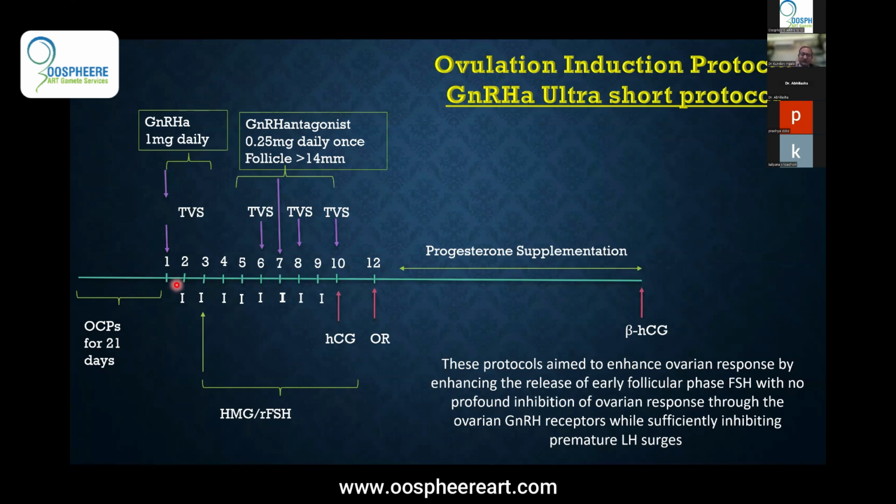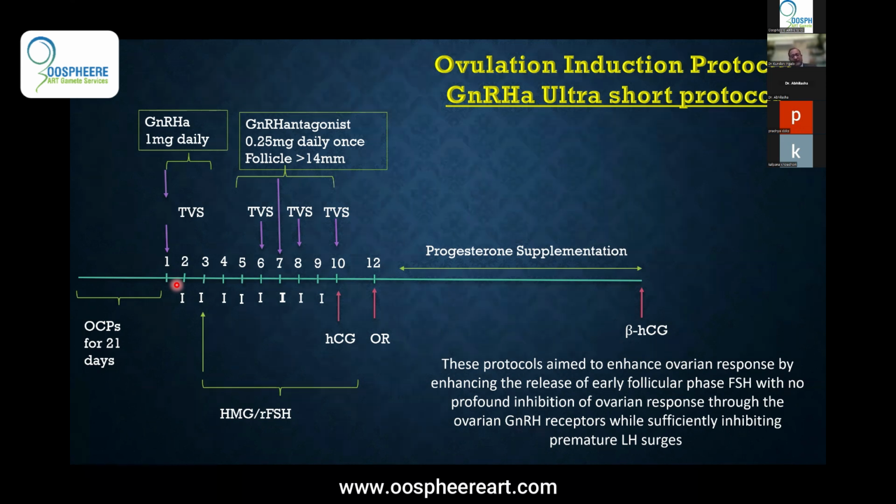On the first day only, we ask her to start taking 1 milligram per day. So she takes 1 milligram on the first, second, and third day. On the third day or second day also, you can start HMG or recombinant FSH, and after 3 days of GnRH agonist 1 milligram, you stop. You don't give the agonist, and you only continue gonadotropins.